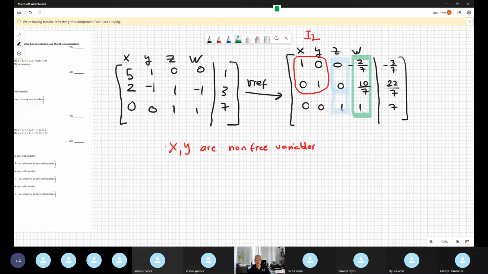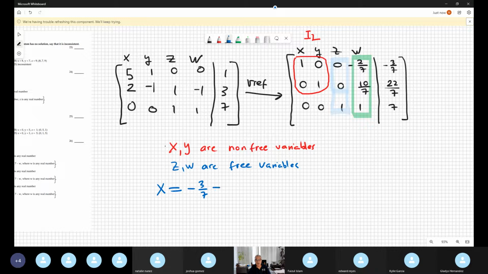Okay, that indicates to us that Z and W are free variables. The discrimination of whether it's free or not depends on the identity matrix. Well, so you write the non-free as a function of the free. The first equation is X alone is equal to minus 3 over 7. I copy the right-hand side number.